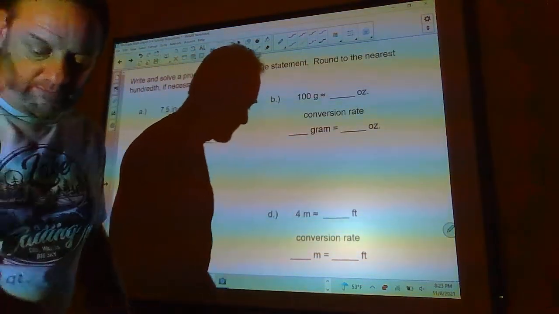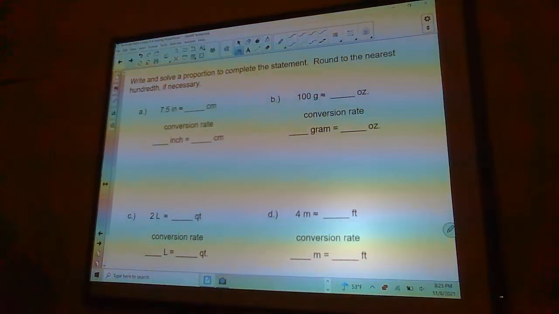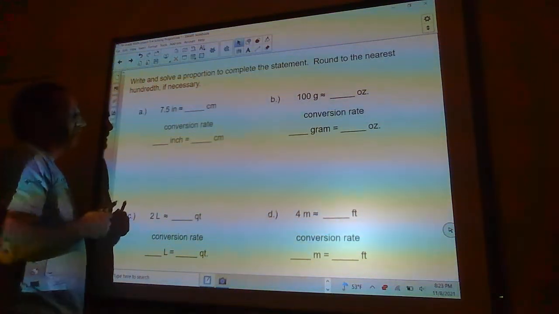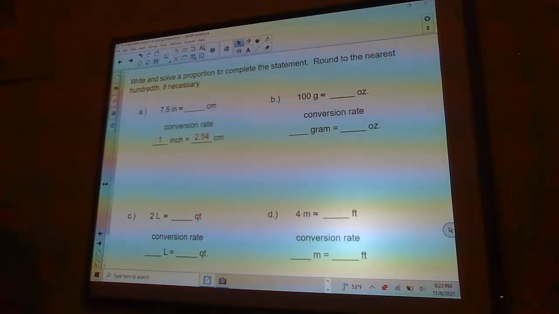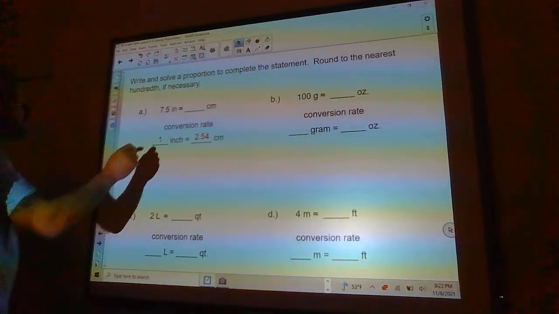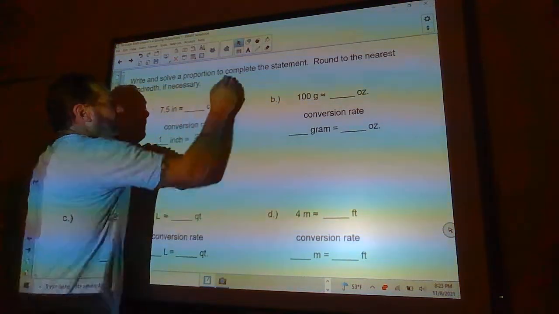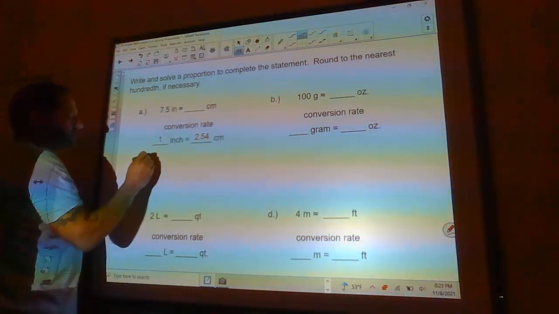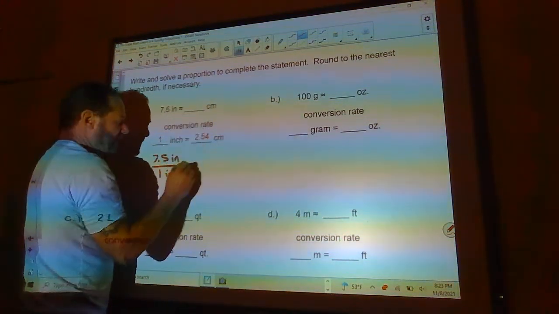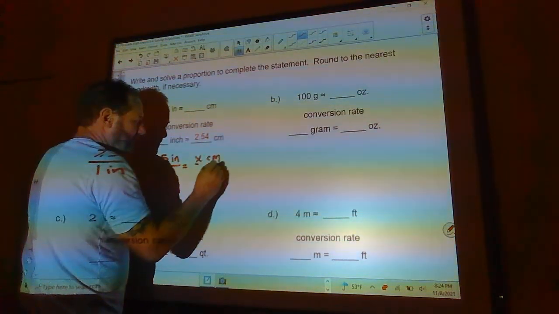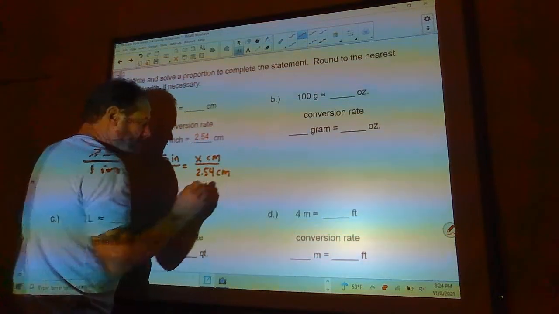Okay, now here we've got some tougher problems. With this, I need to convert 7.5 inches into centimeters. So I need a conversion rate. I look up that 1 inch is 2.54 centimeters. Now I can do this with a proportion. 7.5 inches is to 1 inch as x centimeters is to 2.54 centimeters.